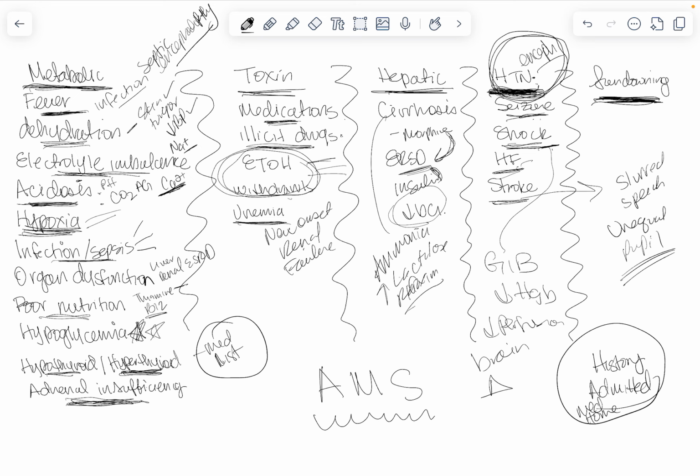Just check the pupils, okay? Slurred speech, dysphagia, unequal weakness in extremities, drooping. These are all signs of stroke. Call a stroke alert if your hospital has that, okay?